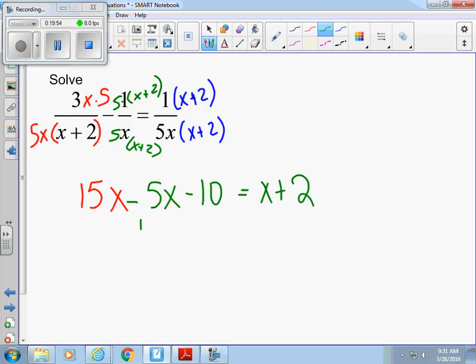Combine like terms. This one is a little easier to solve than the last one.